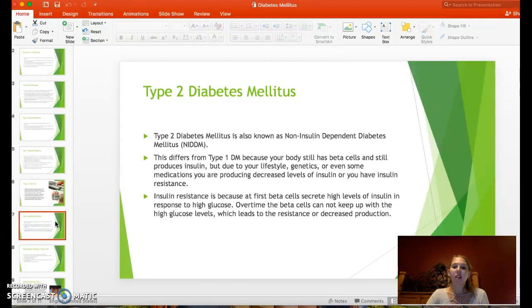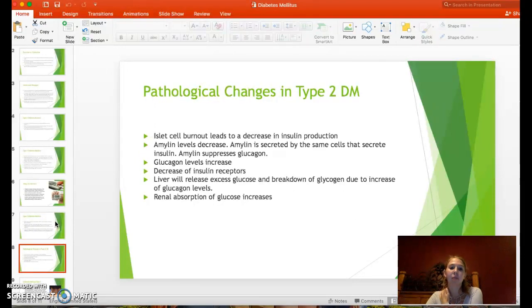Insulin resistance is because at first the beta cells, because you're having such continuous high levels of glucose in your blood, are going to produce really high levels of insulin in order to keep up with the high levels of glucose, but over time, the beta cells just get burnt out and they cannot keep up with the high glucose levels, and that's what leads to the resistance or decreased production.